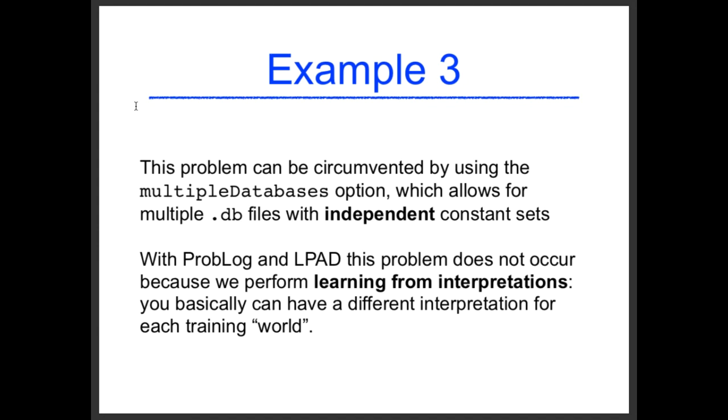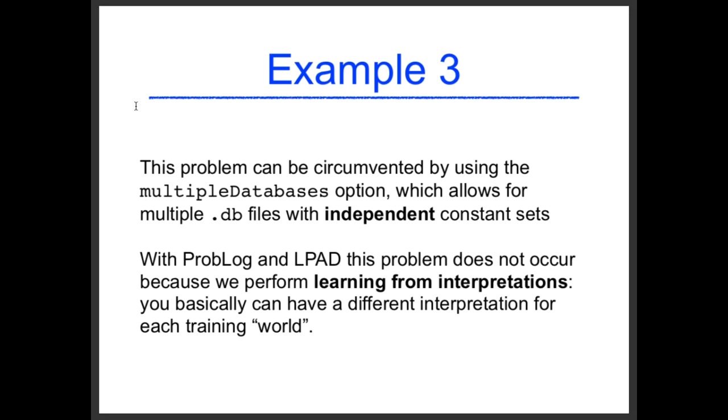In Problog or in LPADs, in cplint, it would be an interpretation, a macro interpretation, a macro example. One protein is a small world, and it is independent of all the other proteins. So you train, basically, as if it were a mini-batch where one protein is a different mini-batch.